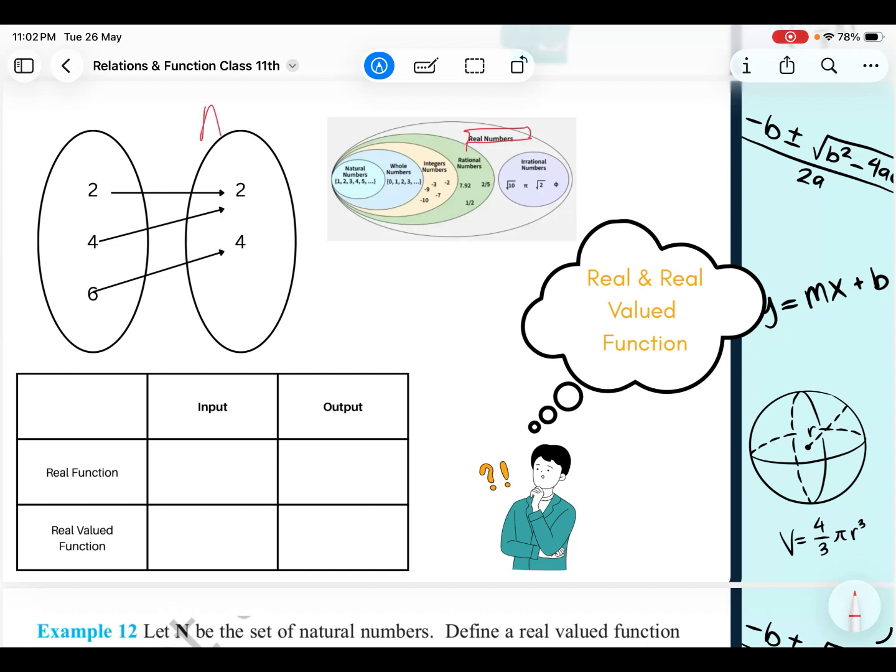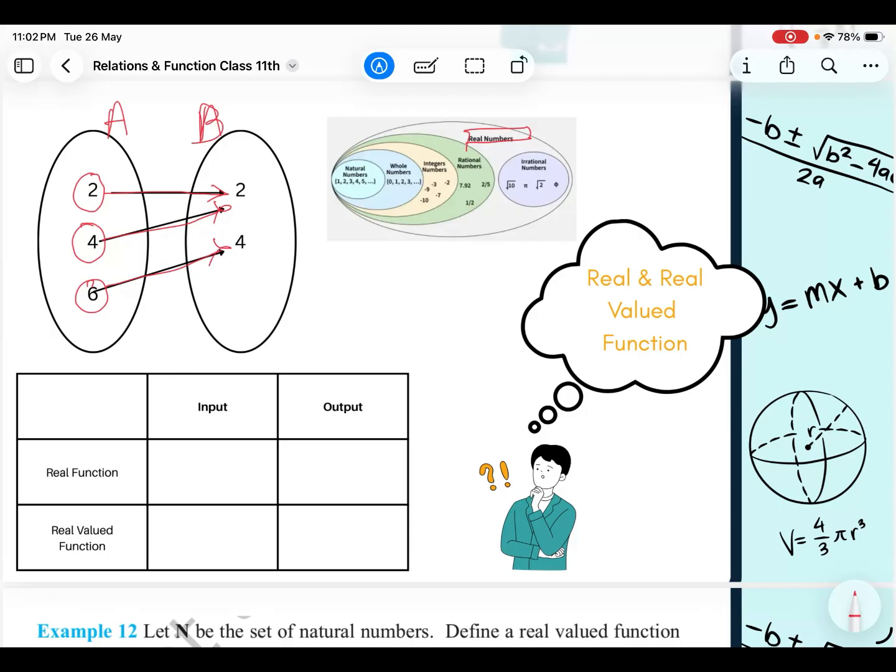This is A and this is B. So for every input we have a single output, right?